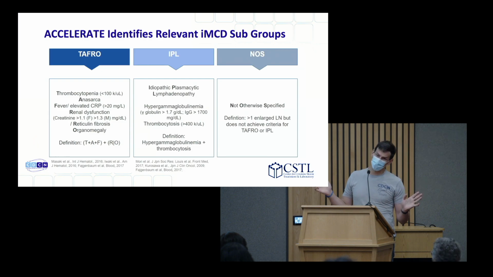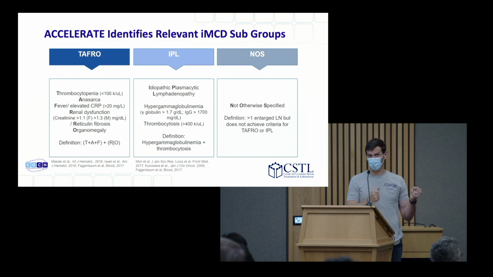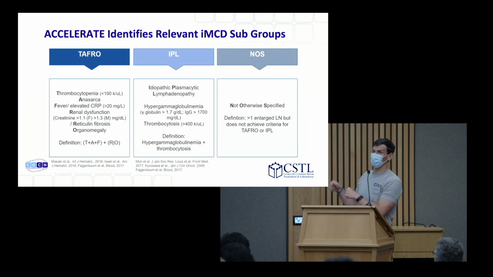And if your doctor never talked about platelets, then you're probably NOS. Castleman's patients with TAFRO get critically low platelet counts, where you're at risk of serious problems, and people with IPL have really high platelets, where your doctors are definitely going to comment on it. So that's an easy-ish way to determine where you might fall.